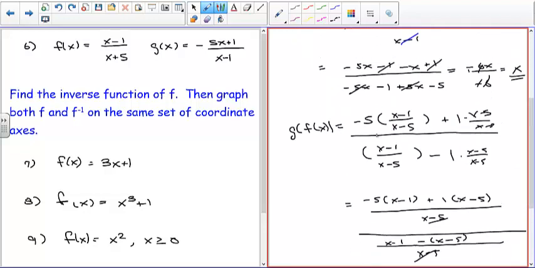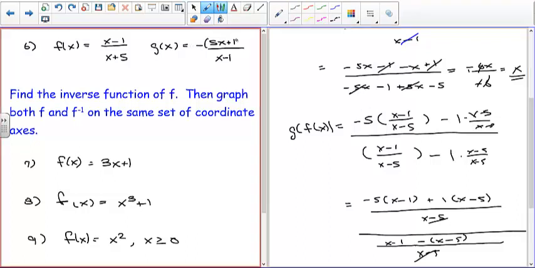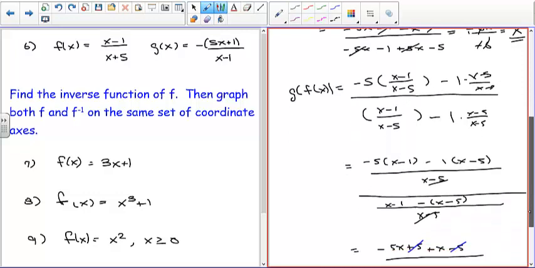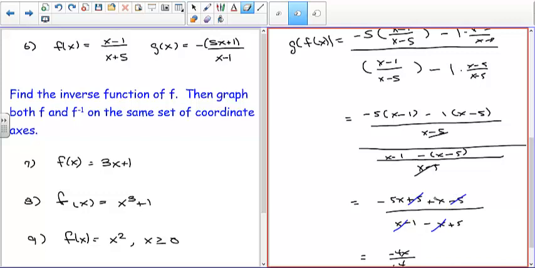Okay. Negative 5 times x plus, wow, there. So this should be minus, because this minus sign is applied to both terms. So that'll be minus.